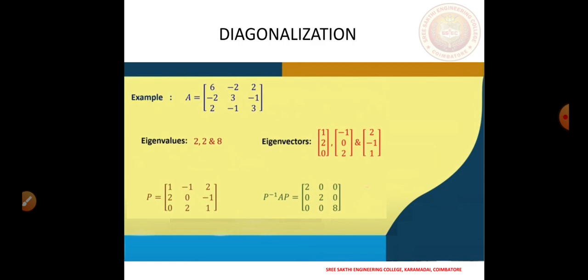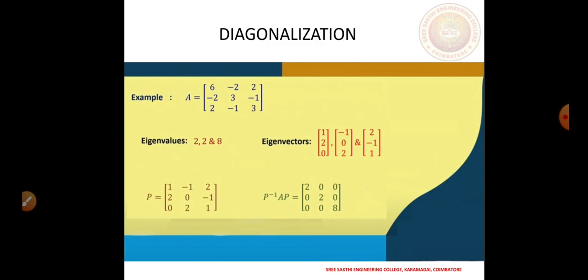Now for each eigenvalue we need to compute the eigenvectors to form the modal matrix P. Corresponding to the eigenvalue 2, which is repeated, the algebraic multiplicity of 2 is 2, and now we compute the eigenvectors corresponding to this.